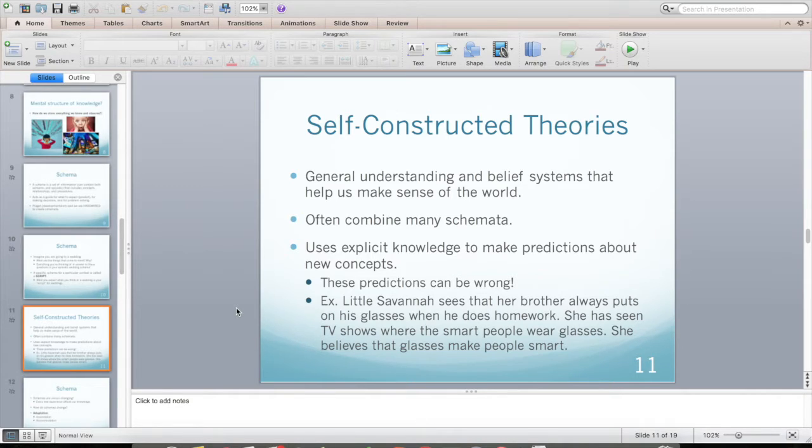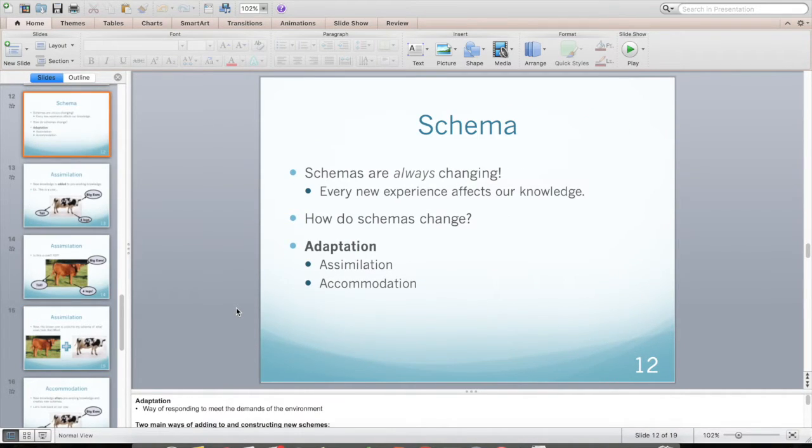And so little kids make this misconstrued and incorrect self-constructed theory that glasses actually make you smart, okay? And it's self-constructed because no one has told you that the glasses are making people smart. It's something that you start thinking about on your own. And eventually, as we experience more, we figure out that that's actually incorrect, okay?